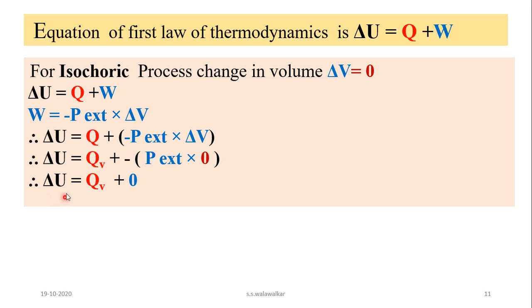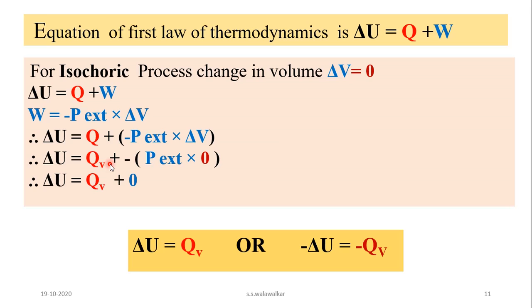So delta U is equal to QV. That means whatever heat is supplied at constant volume is only utilized to increase the internal energy of the system. That means as internal energy increases, temperature of the system also increases.